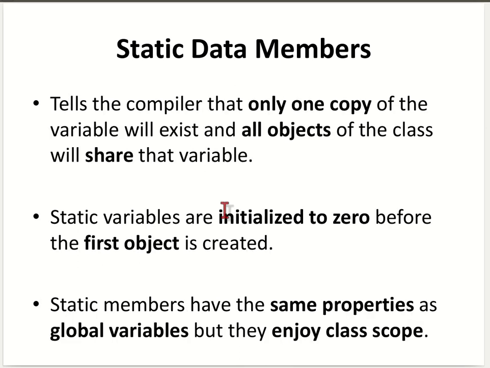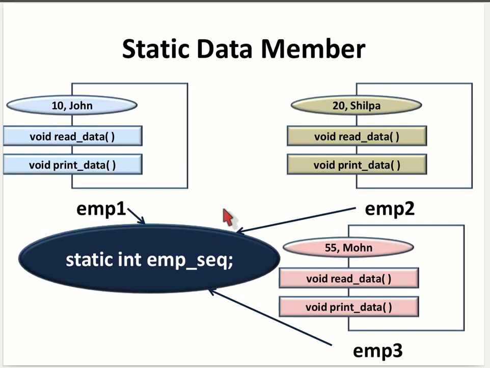Let's see an example of a static data member. Let's say I have a member in the public section, static int emp_sequence. This emp_sequence will be the same for all these objects.